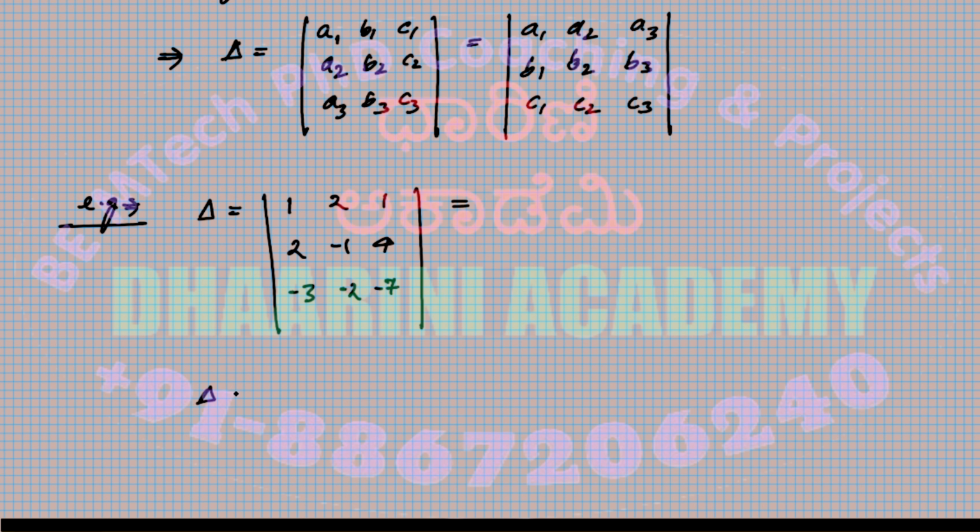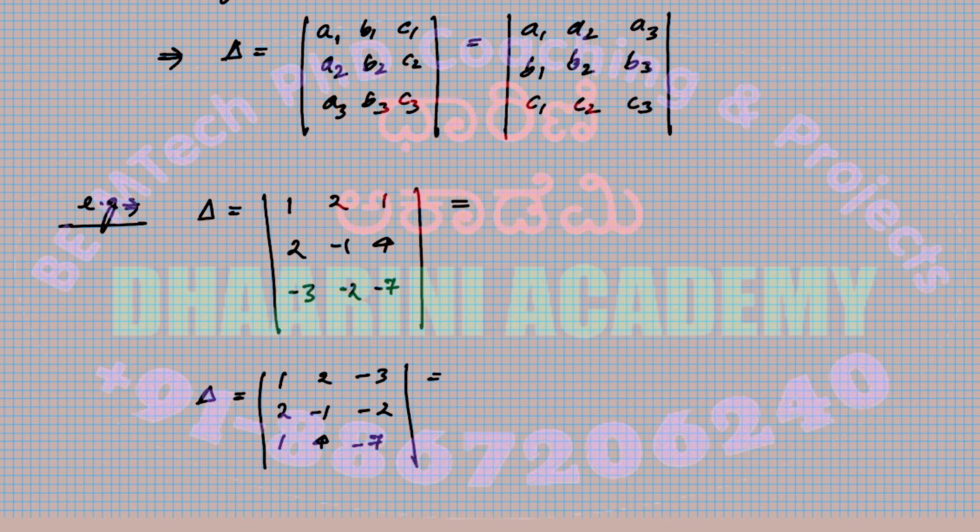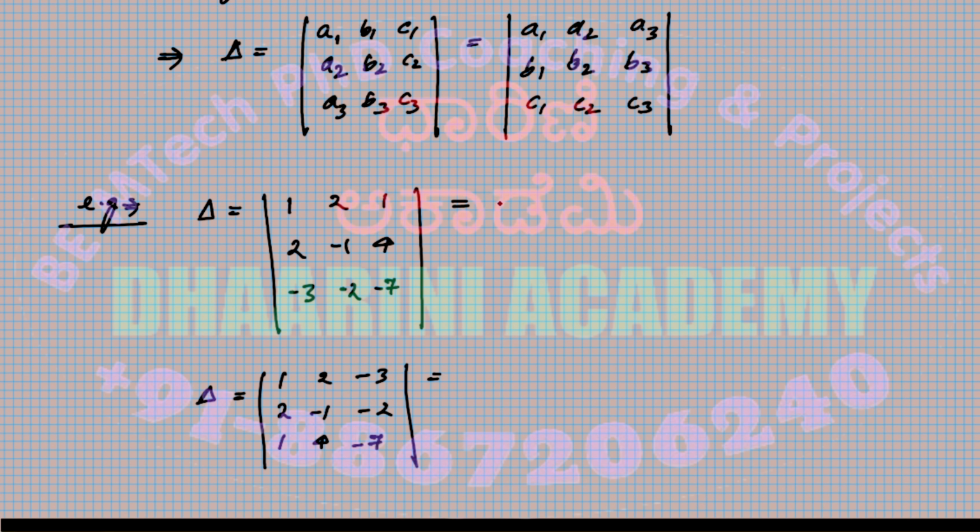Then I'll also calculate another delta by exchanging the rows into columns and columns into rows, that is, taking a transpose: 1, 2, 1, 2, minus 1, 4, minus 3, minus 2, minus 7. When we solve, we get both determinants as the same, equal to 12.